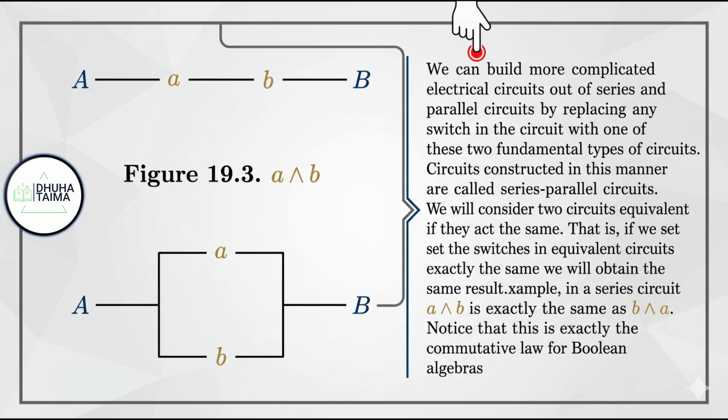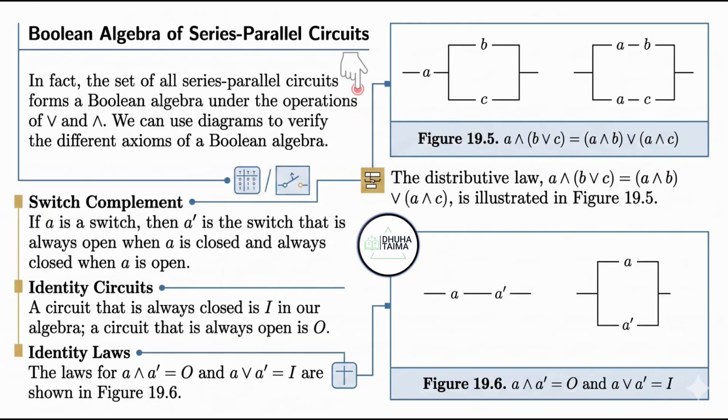For example, in a series circuit, A and B is exactly the same as B and A. Notice that this is exactly the commutative law for Boolean algebras. In fact, the set of all series parallel circuits forms a Boolean algebra under the operations of OR and AND.